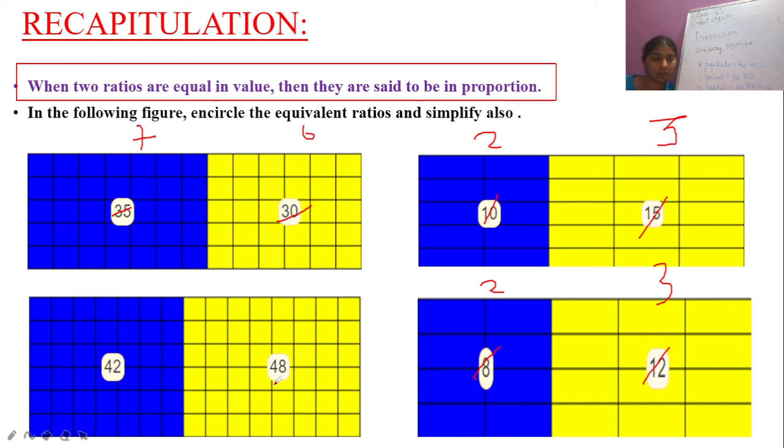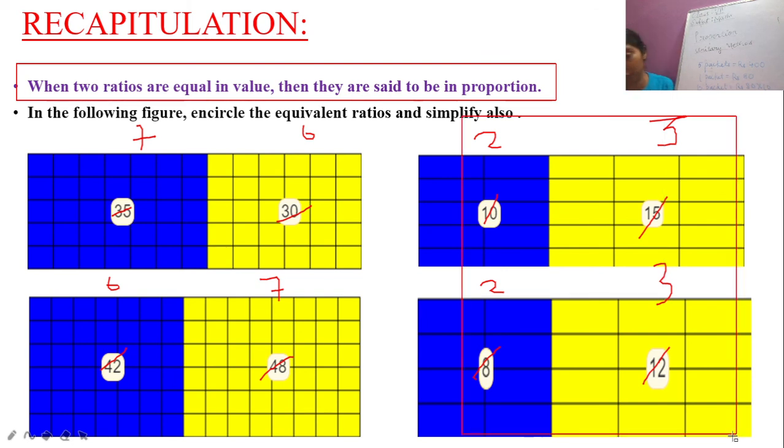And if we talk about this 42 and 48, we get 6 by 7. So students, which of the following are in proportion? Yes, there are 2 which are in the form of proportion, that is these two. So that way you can easily find out which of the following are in proportion or not.